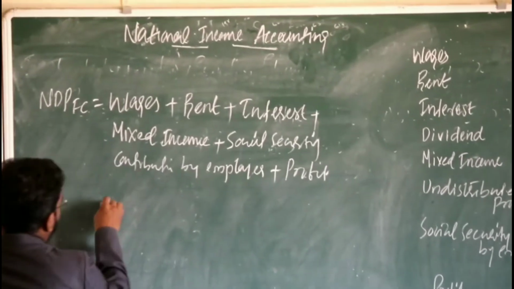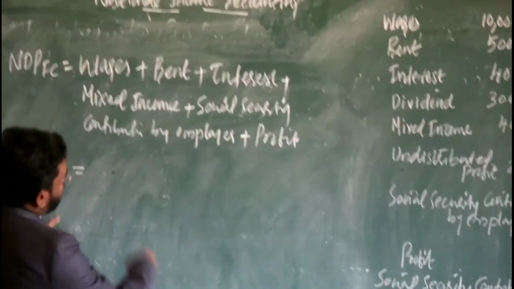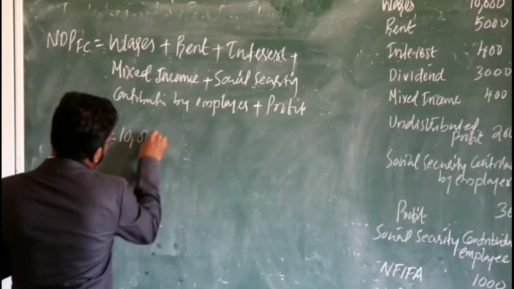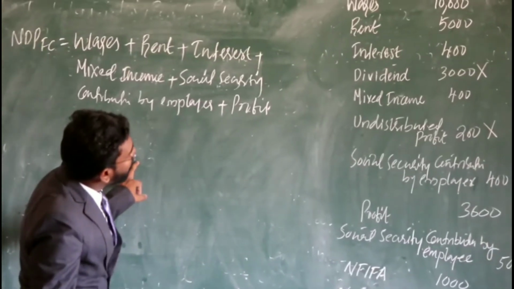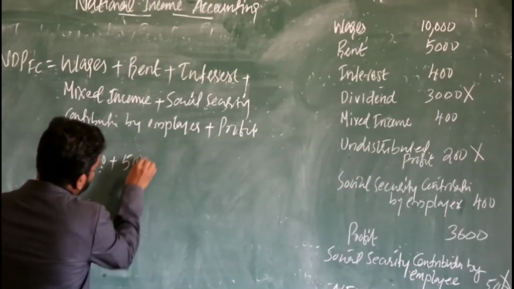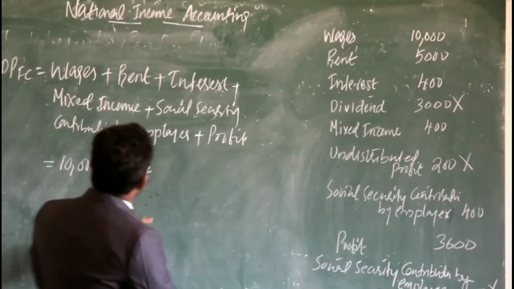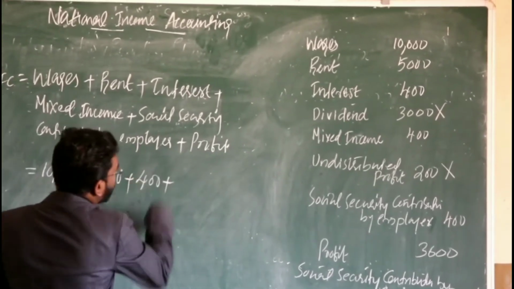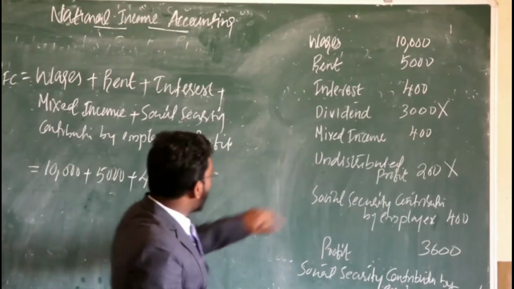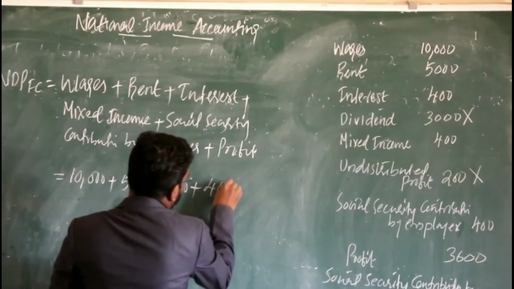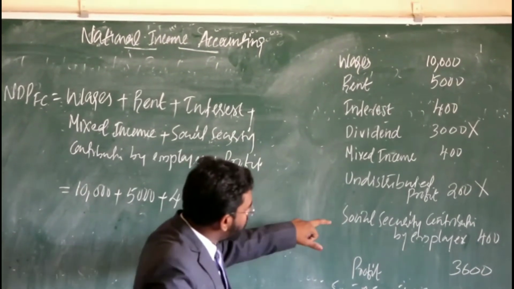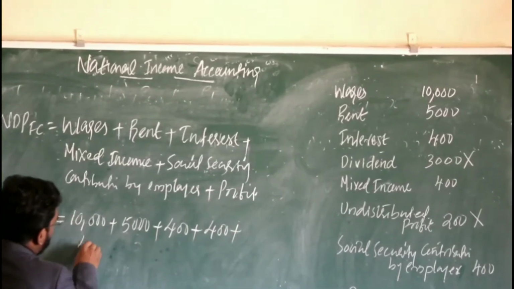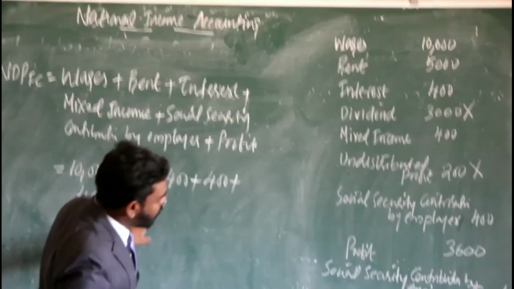So we can write down the values. Wages, that is 10,000 plus rent 5,000 plus interest 400 plus mixed income again 400 plus social security contribution, that is 400.